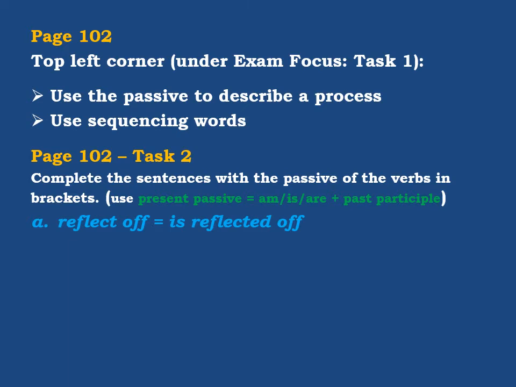We have to look at the noun before it. The noun is what? Image. Image, it is singular. Singular, so we use is here. Okay, third person singular, so we use is. So the image is reflected of the cover. Now, what about the next sentence?